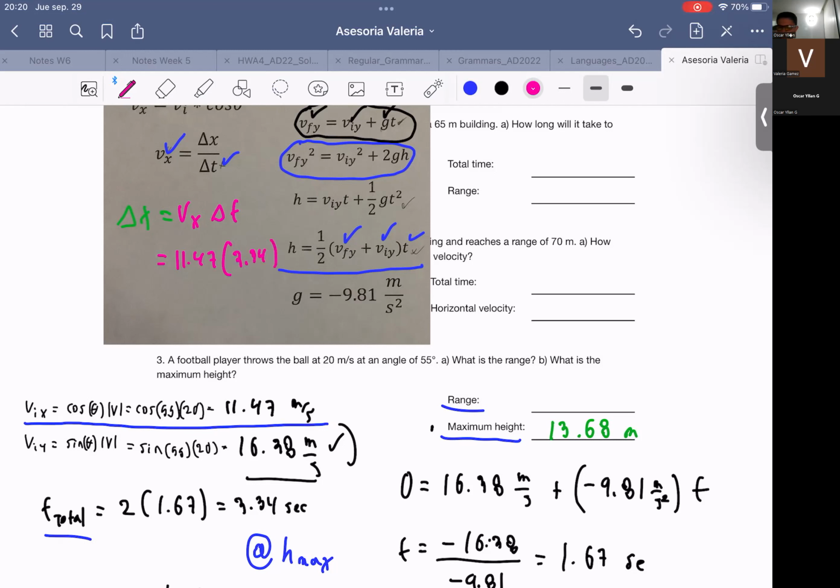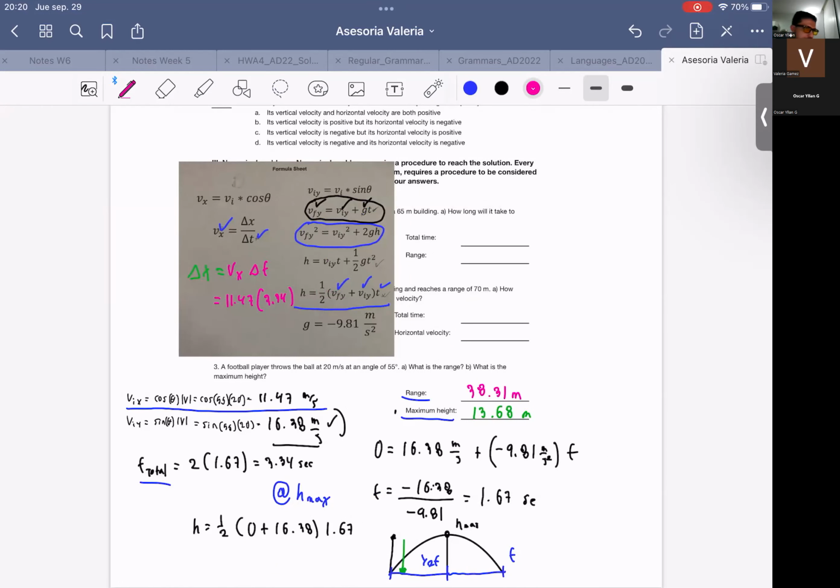So can you please do it? 38.31. Perfect. So we get 38.31. What unit? The range. Meters.